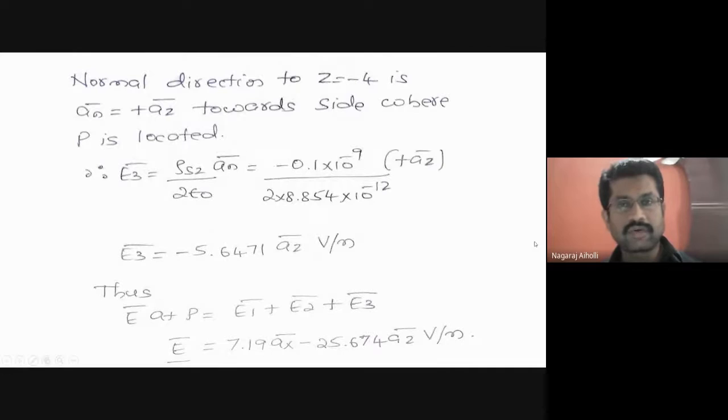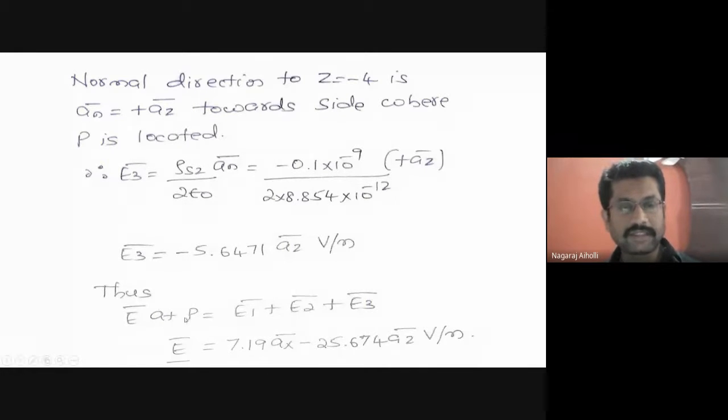Normal direction to z equal to minus 4 is AN equal to plus AZ bar, because it is the side towards where P is located. Yes, you are right. It is same as that of E2, minus 5.6471 AZ bar volt per meter. Therefore, E3 formula is rho S2 AN bar by 2 epsilon naught. If we substitute the values of rho S2, epsilon naught, and AN bar as plus AZ bar, we get E3 is equal to minus 5.6471 AZ bar volt per meter.